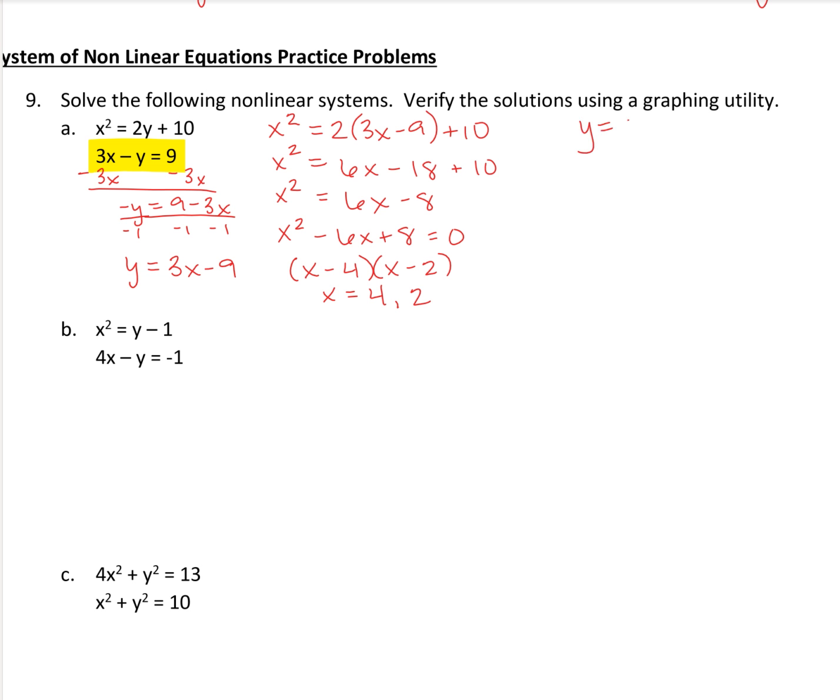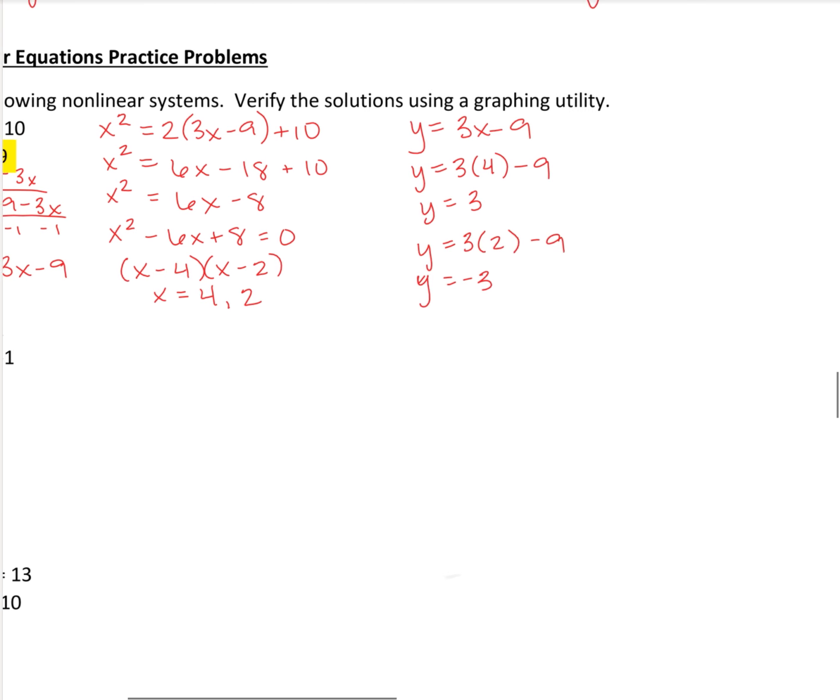So y equals 3x minus 9. I'm going to plug in my 4 first. So y equals 3 times 4 minus 9. 3 times 4 is 12, 12 minus 9 is 3. So y equals 3 for that one. Now I'm going to plug in my 2. Y equals 3 times 2 minus 9. 3 times 2 is 6, and 6 minus 9 is negative 3.